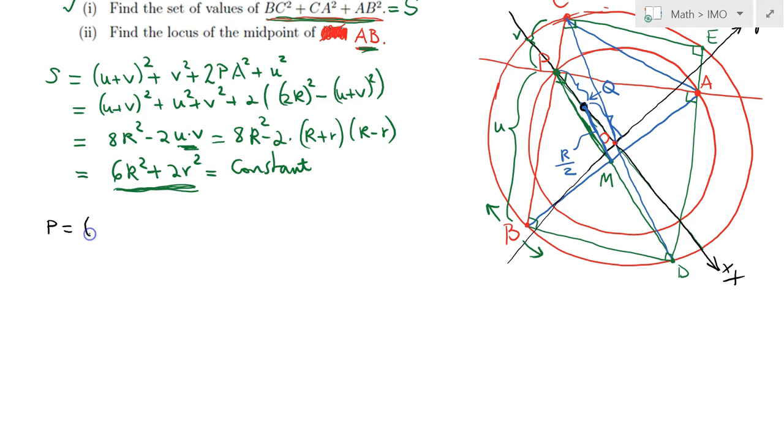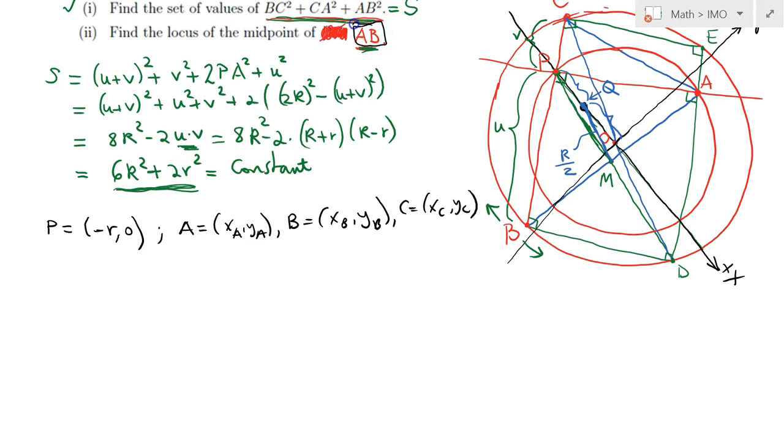P would have coordinates, because the little circle has radius r, minus r, 0. And then finally, ABC would have the usual coordinates: A is xa, ya, B would have xb, yb, and C would have xc, yc. As I claimed at the beginning of the problem, interestingly, the location of the midpoint of AB would be exactly the same as the location of the midpoint of AC.